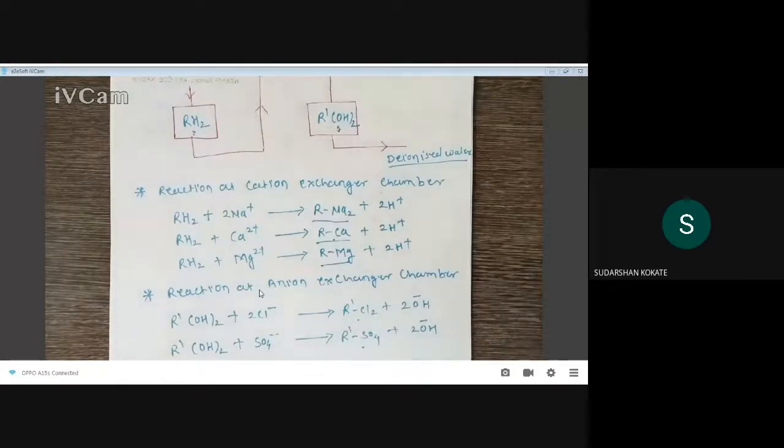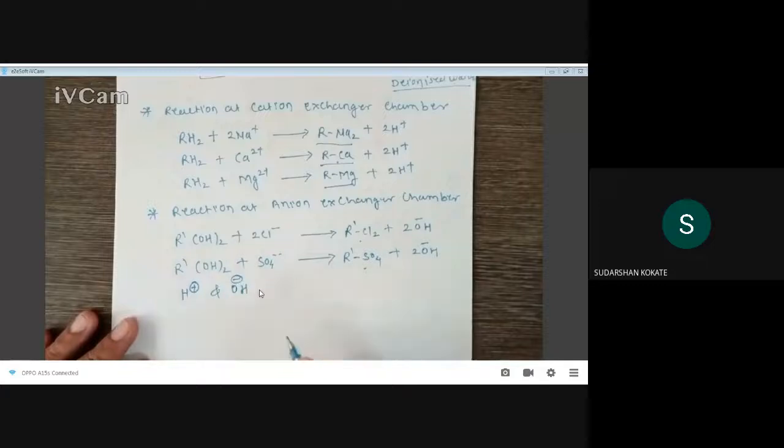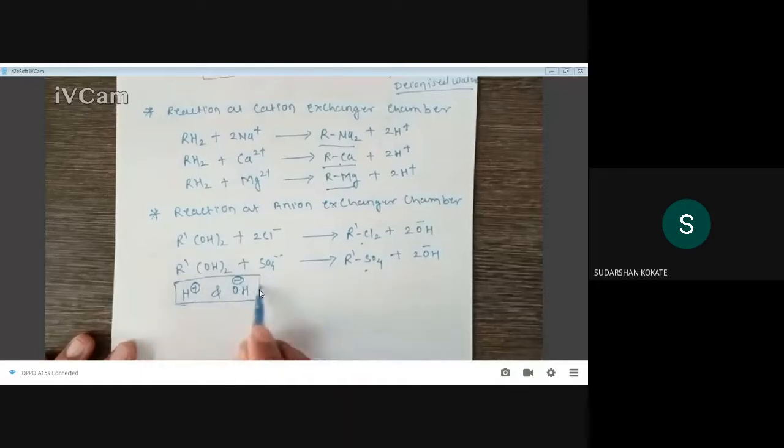See, the H plus ion in cation exchanger resin and OH minus ion in anion exchanger resin get exhausted after some time, right? Due to continuous washing of your hard water that contains either cations or anions.